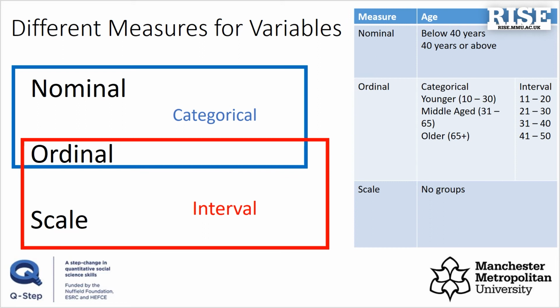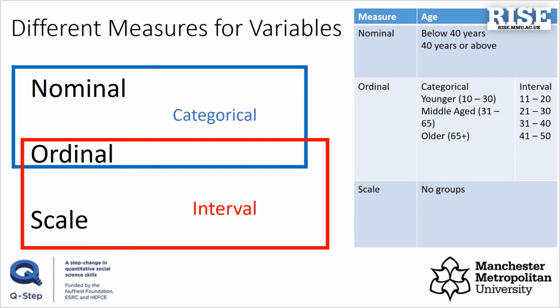Now, here is an example of how age can be measured in different formats. The first one, nominal, is the least used method when it comes to measuring age. And what you have there are just two categories that do not fall into a particular order of any sort.